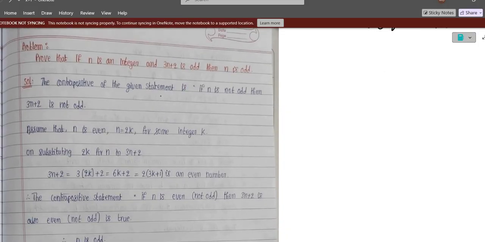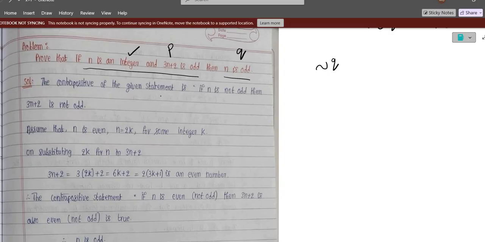Observe: prove that if n is an integer and 3n plus 2 is odd, then n is odd. So n is an integer and 3n plus 2 is odd is the P portion, and n is odd is the Q portion.